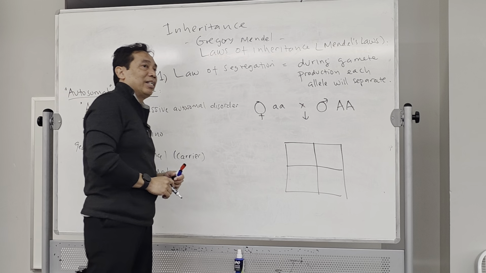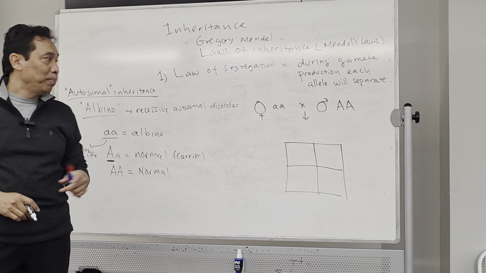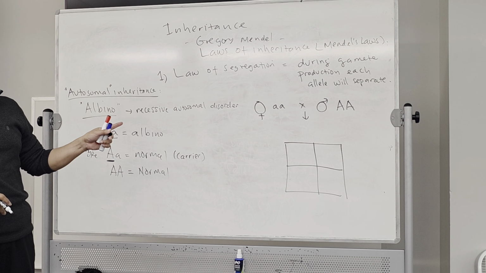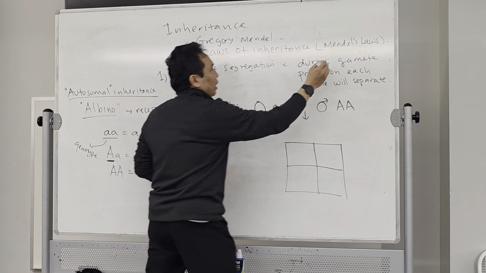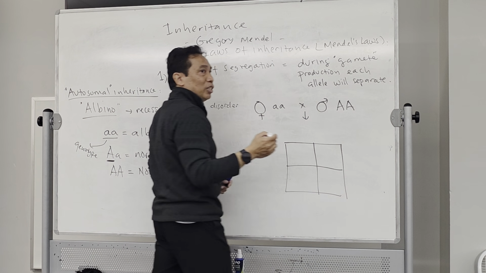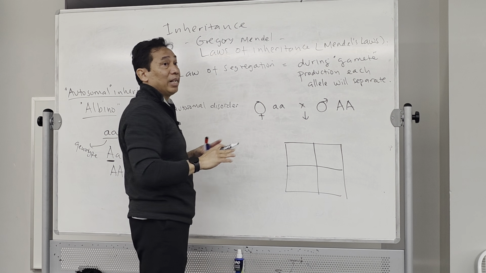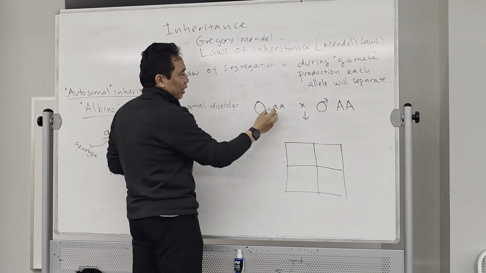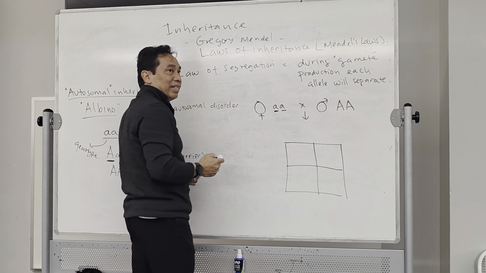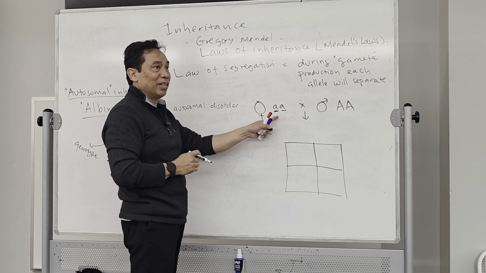It's a square that you put the children in. Now remember, the first law, the law of segregation, says that the gametes, when they are produced, will segregate. The alleles will segregate. Look at this mother. She has lowercase, lowercase.